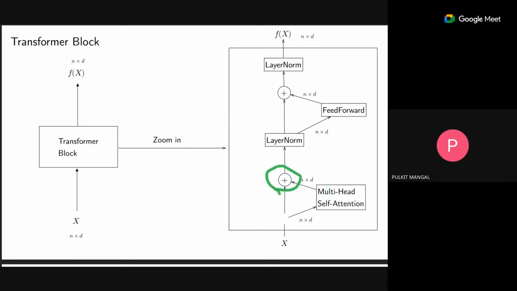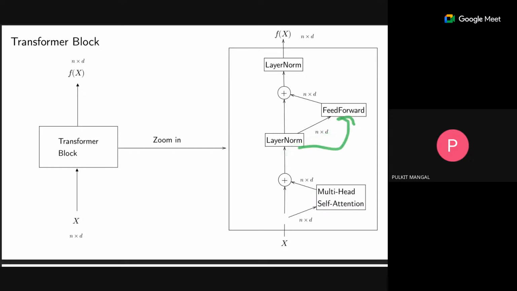That's added with the residual connection and passed to the layer norm. Again, it's not going to change the dimension, so n cross d goes in as the input dimension, and n cross d is what you get as the output dimension for layer norm.